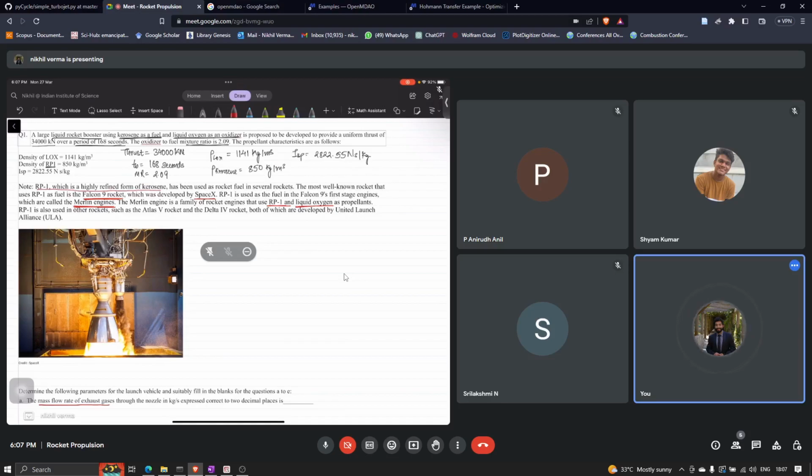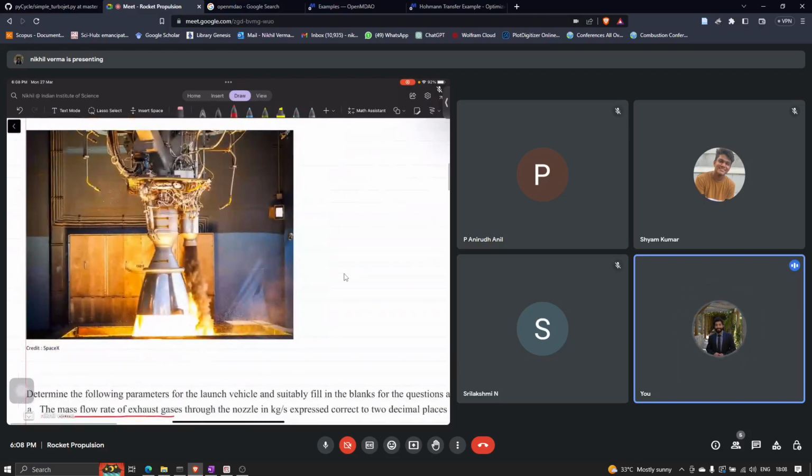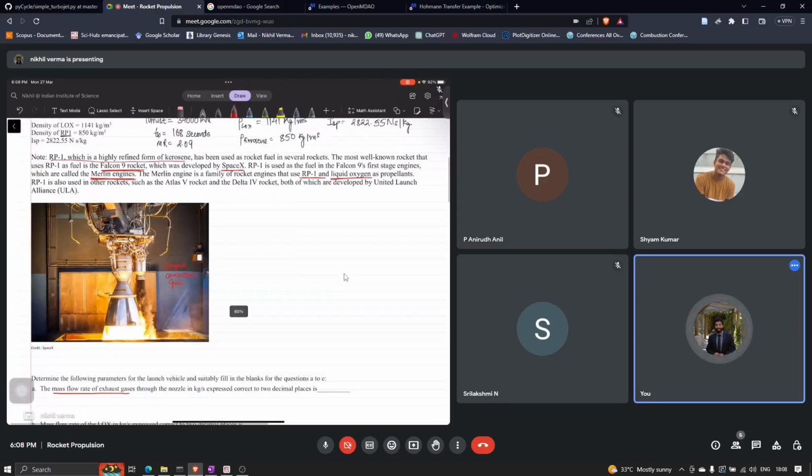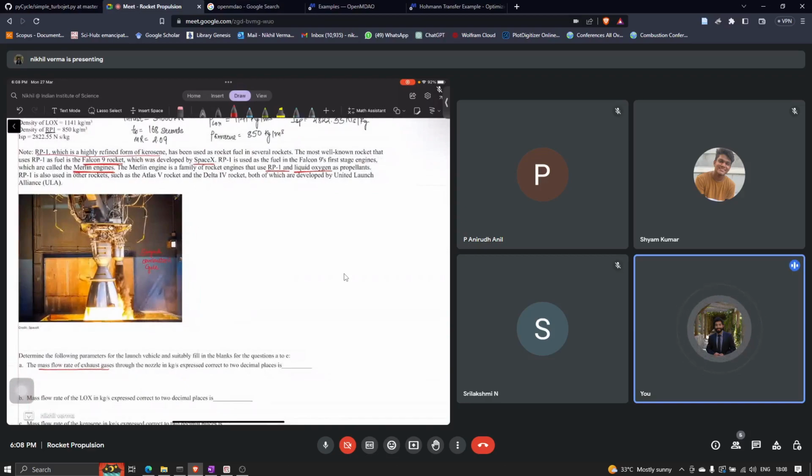I'll give you 5 minutes to calculate the mass flow rate at the exhaust. Maybe I'll draw. This is the Merlin engine, and it uses a staged combustion cycle.